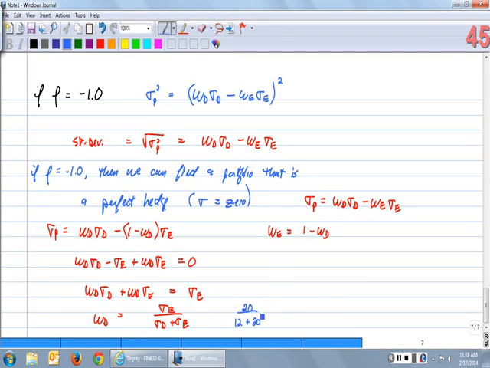That gives us 20 divided by 32, and this is WD we're solving for, which gives us 0.625, which means WE, the amount that we're putting in asset E, is 1 minus that, which gives us 0.375. Okay, so these are the weights with which we would be able to have a perfect hedge.